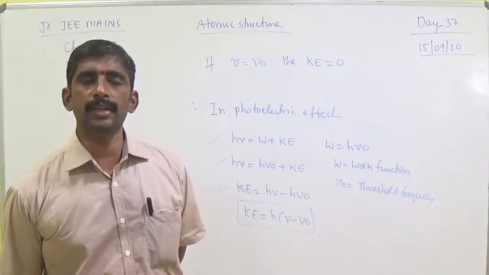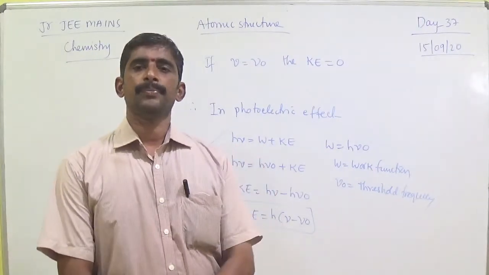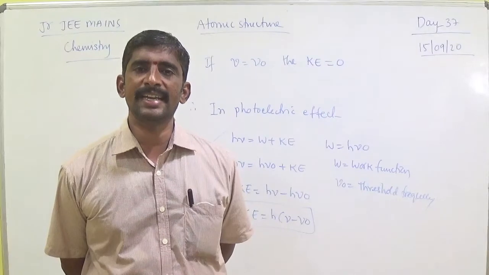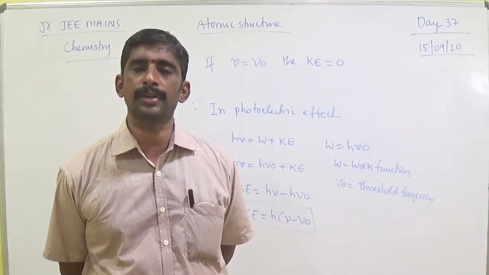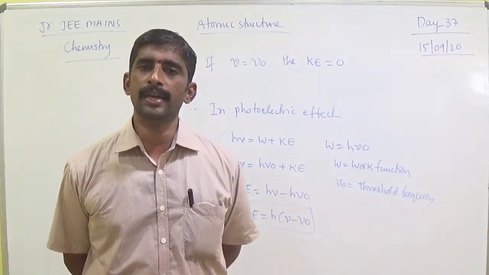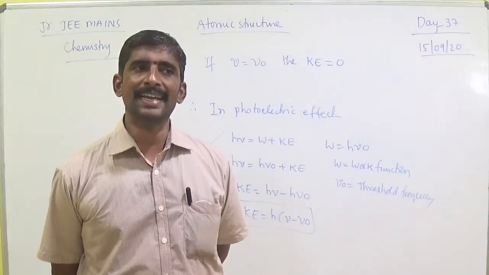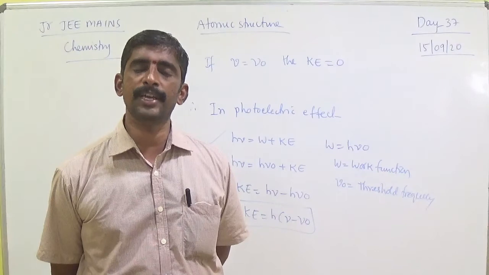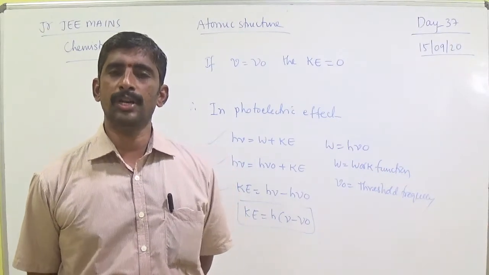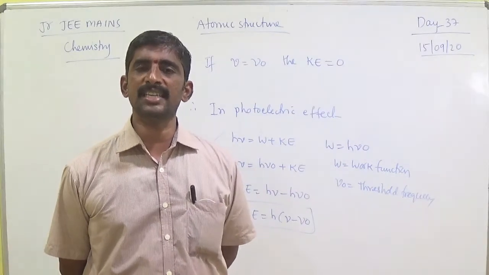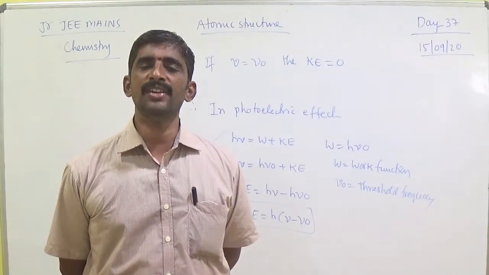Another point: for a metal there is a characteristic frequency, known as the threshold frequency. In the photoelectric effect, to eject the electrons, a minimum frequency is required.